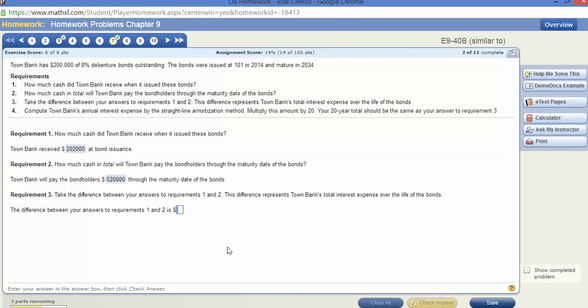Well, of course the difference is going to be your interest, the interest expense over the life of the bond. If you're able to get this and you have to pay this out, well, the difference has to be interest. Look at it this way. If these two numbers are identical, you paid no interest. You gave them back their money, what they gave you. So we'll take 520 minus 202, and we get 318.